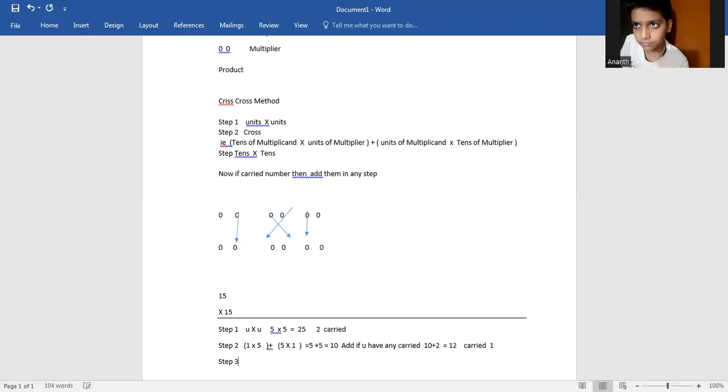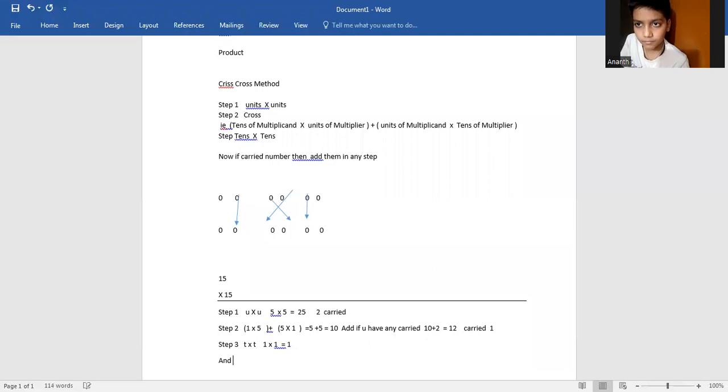Step 3. What is step 3? Tens into tens. What is tens? 1 into 1. What is the answer? 1 into 1 is 1. Now, answer. How to write the answer? Did you see we missed something?